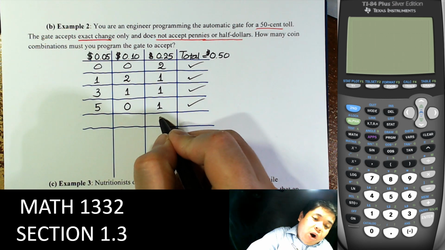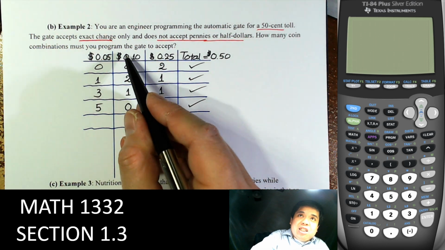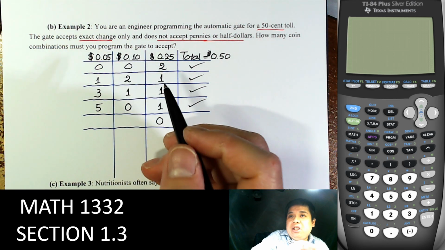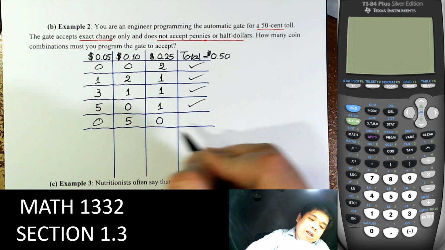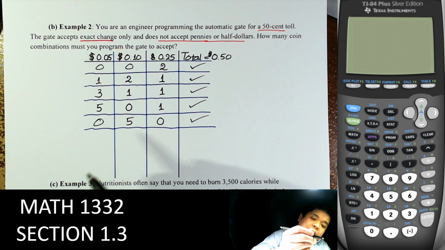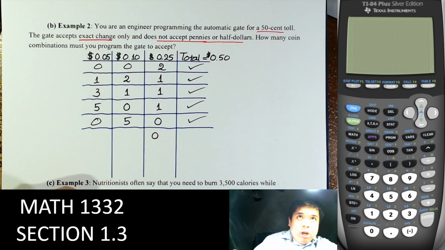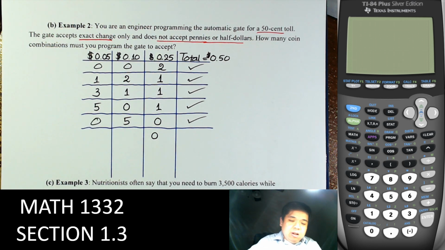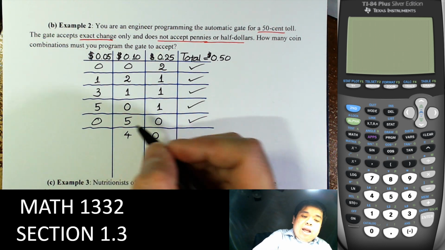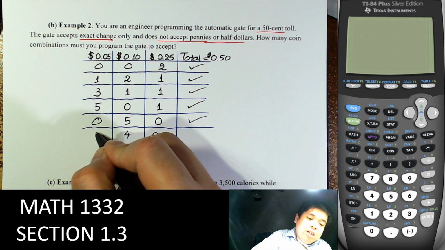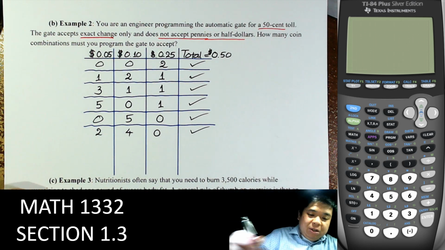But if we have 0 quarters, well, that means the next highest value coin will be the dimes. We can have all 5 of them. And that also checks. Now, if we still have 0 quarters here, but now we reduce the number of dimes to 4, that means there's 40 cents here. We need 2 nickels to make it 50 cents.